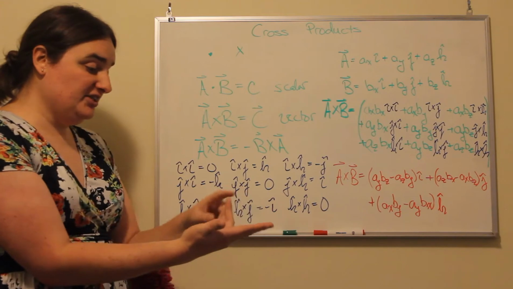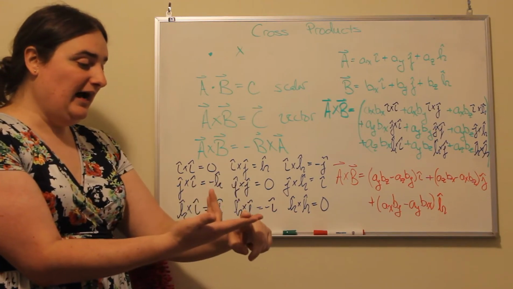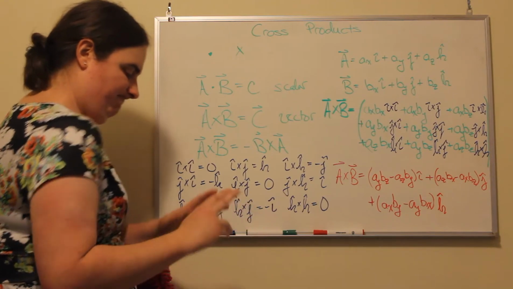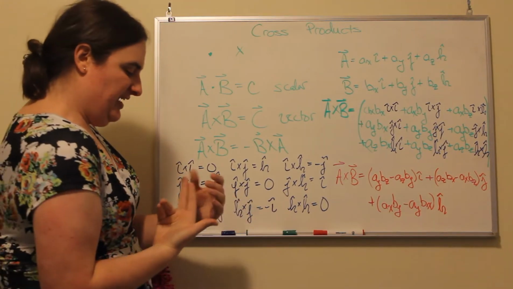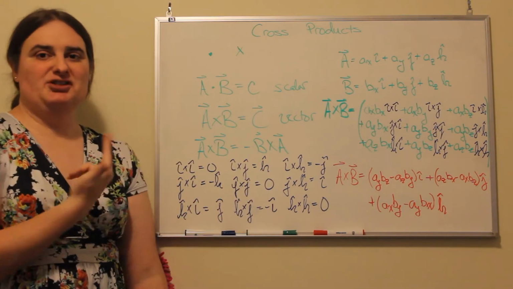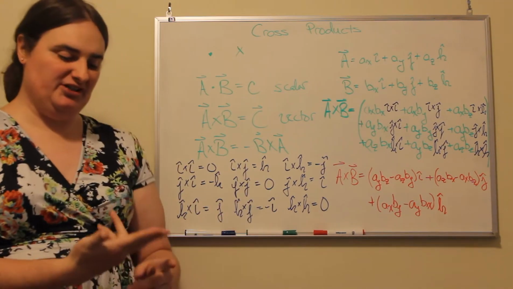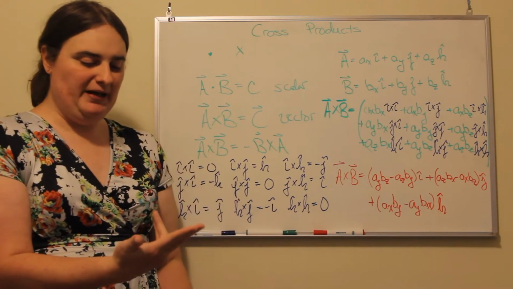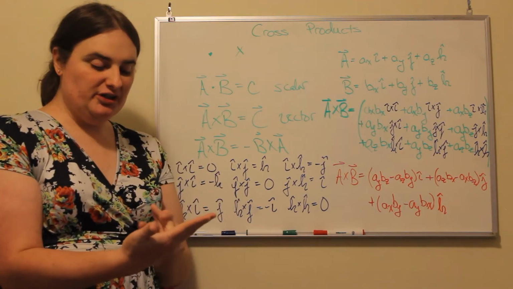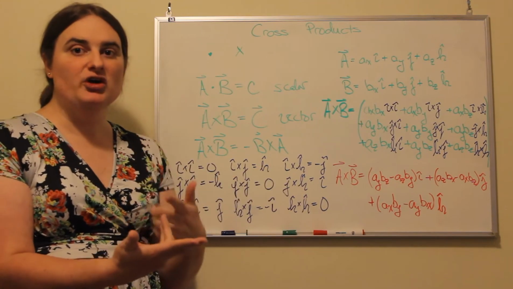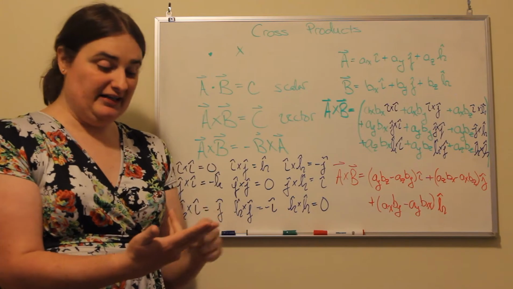Now, if I reverse it and go j, i, by the right hand, I would have to flip things around: j cross i gives minus k. That's really cumbersome to try to dislocate your wrist. So remember, whatever digit you pick for your right-hand rule, you can start with 1, and as long as you go counterclockwise as you look down at your hand, you're going to get the right order.